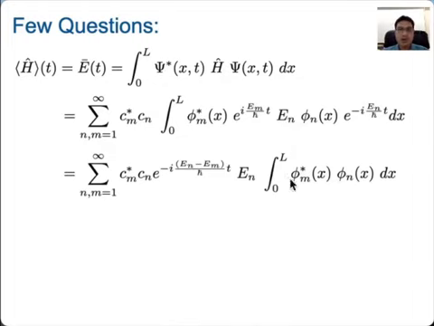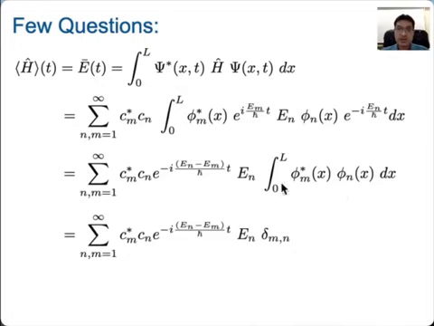Okay, now this is another concept that we are going to learn in this class: if you have two wave functions for a given system, they will show what is called orthonormalization. It means that the integral has to be non-zero when m is equal to n, and when m is not equal to n, it has to be 0.